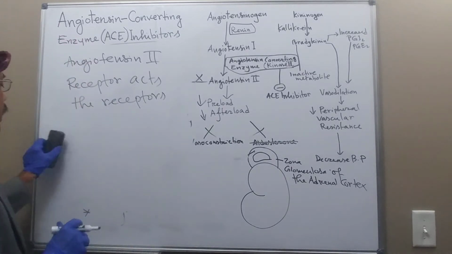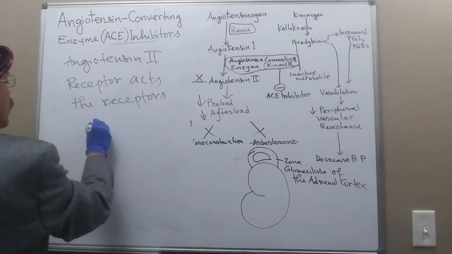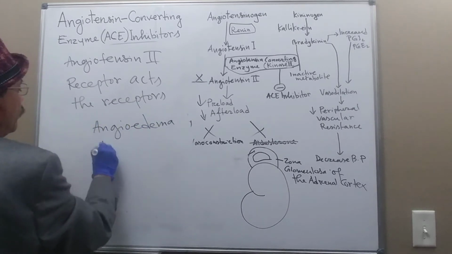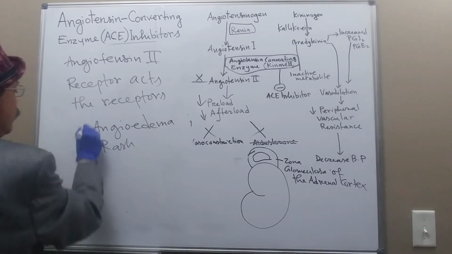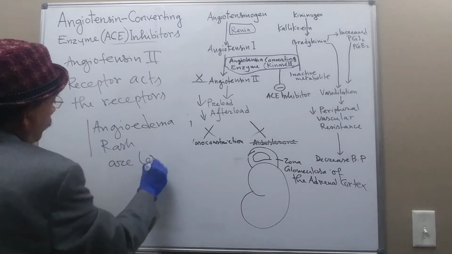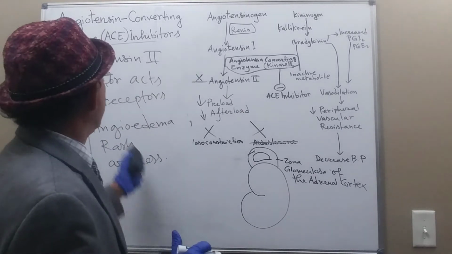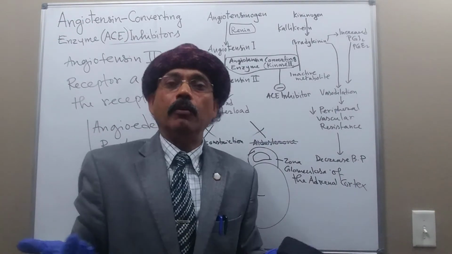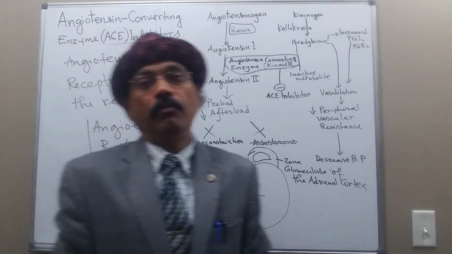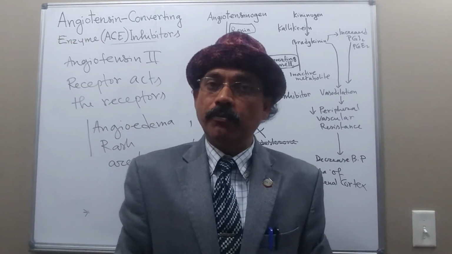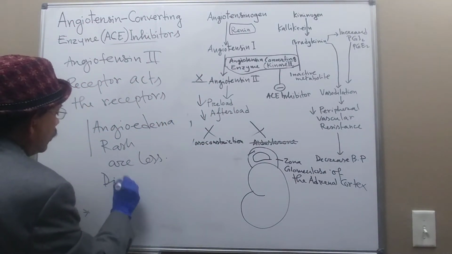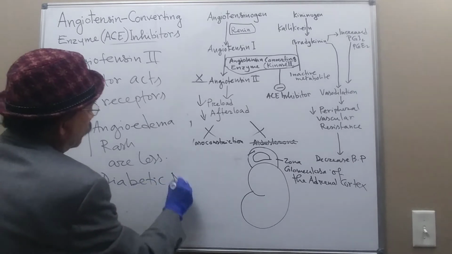In this condition, angioedema and rash are less. This is the advantage, and losartan can be taken once a day, which is another advantage. It is also a better drug to manage diabetic nephropathy, so it is a good drug for diabetic nephropathy.